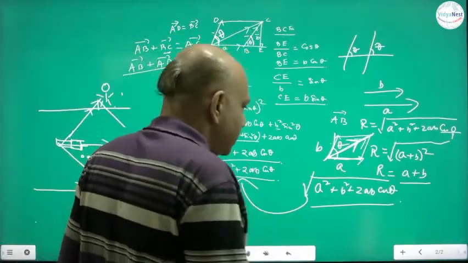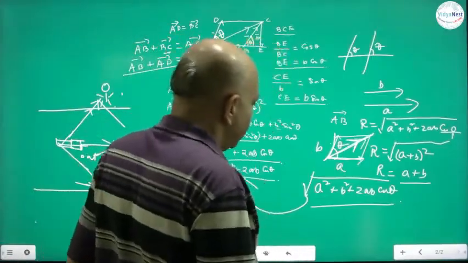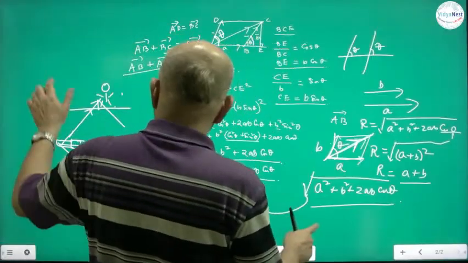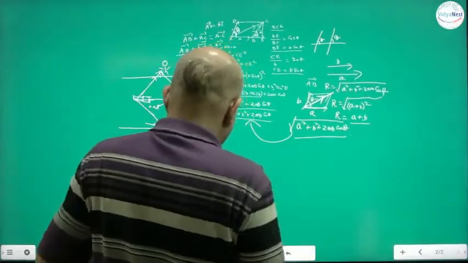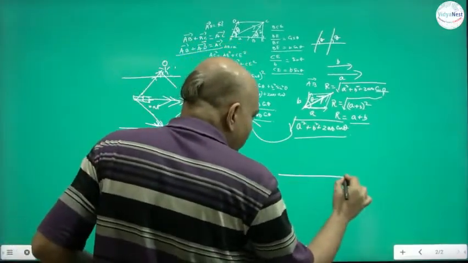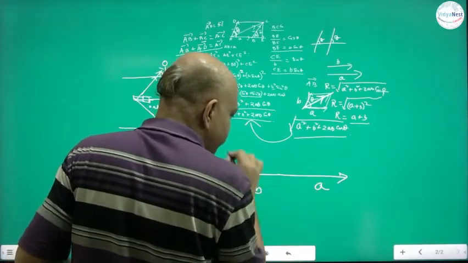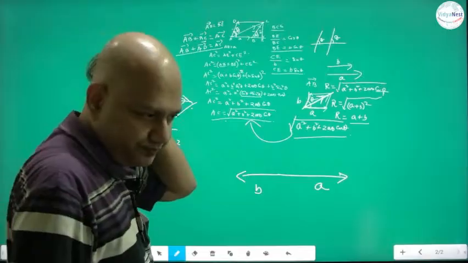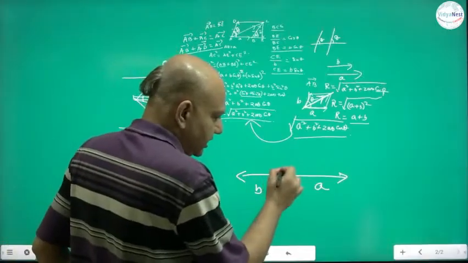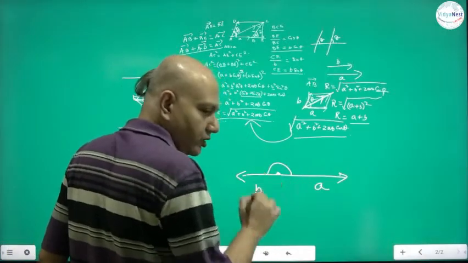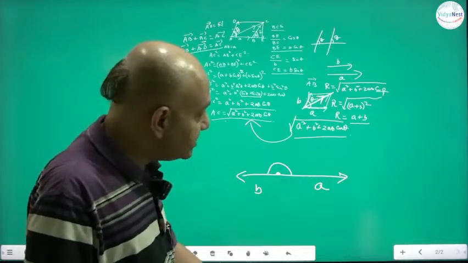Very good. Now can you tell me, if two vectors are oppositely directed, one vector in this direction, another vector in this direction, suppose this is vector a, this is vector b, opposite, then what should be the angle? 180, right?